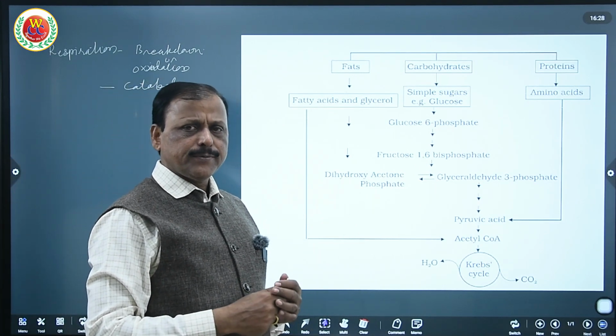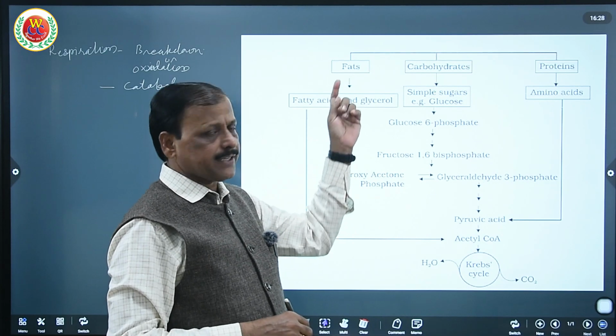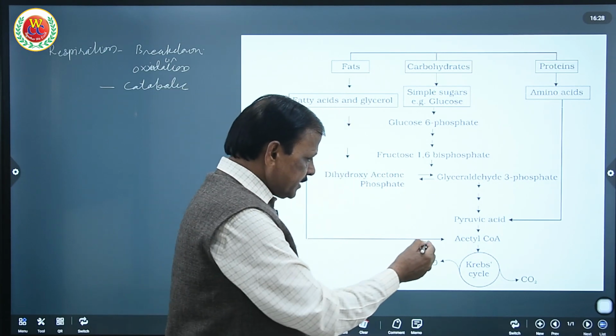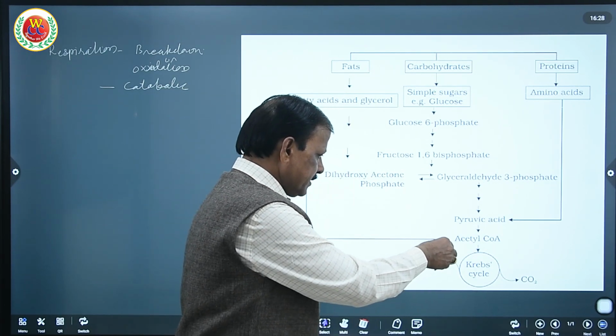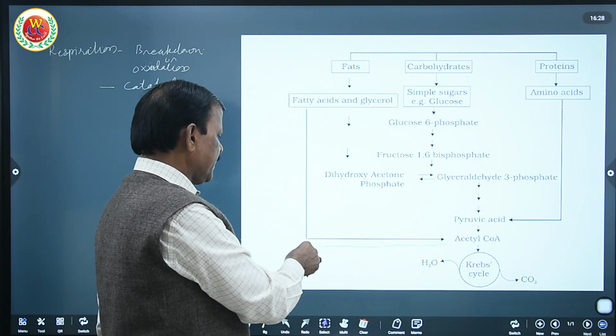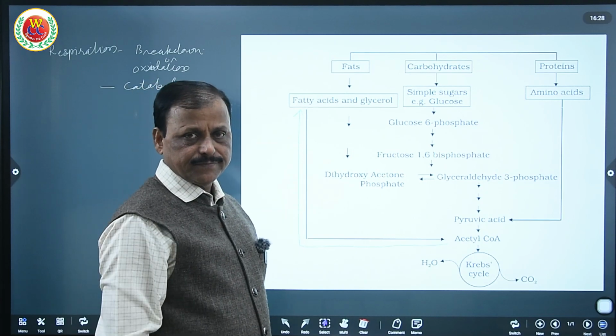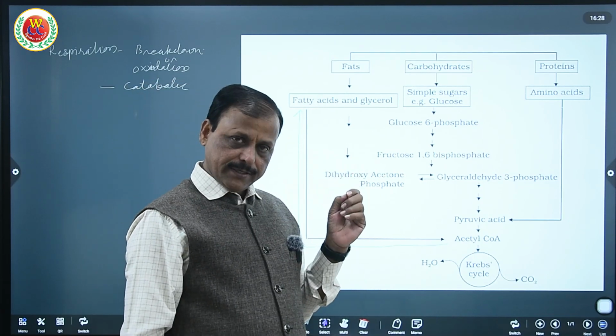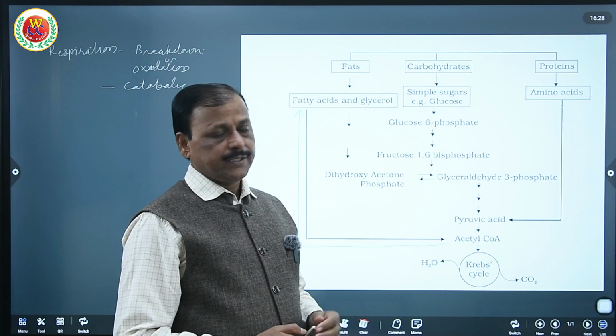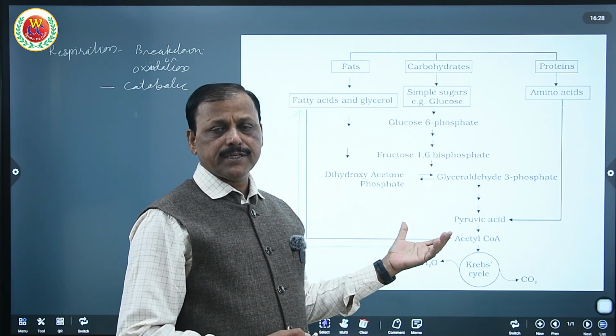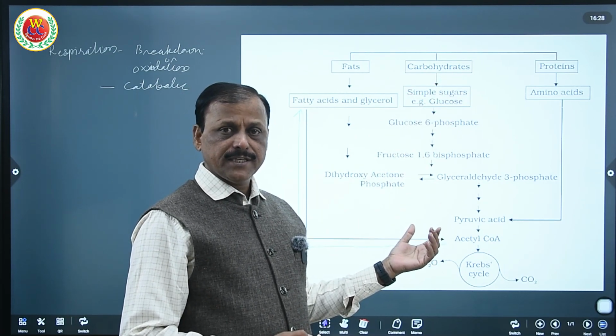Now as and when the body requires fat, acetyl-CoA is withdrawn to regenerate fatty acid and fat. As and when the body may require, this amphibolic pathway comes to light.